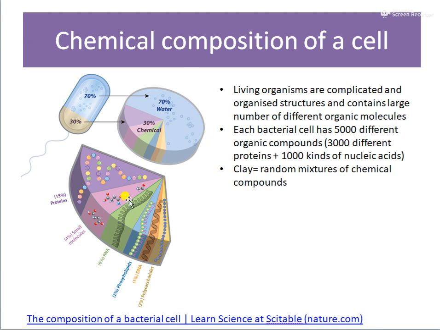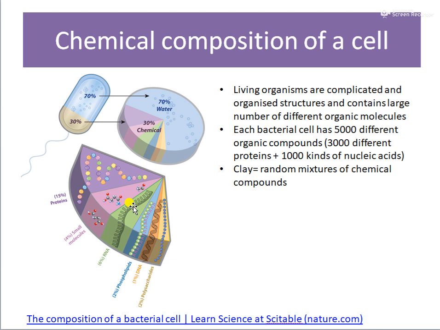As a whole, a living organism is complicated and contains a large number of different organic molecules. Even the smallest bacterial cell has 5,000 different organic compounds, which consist of 3,000 different proteins and 1,000 kinds of nucleic acids.